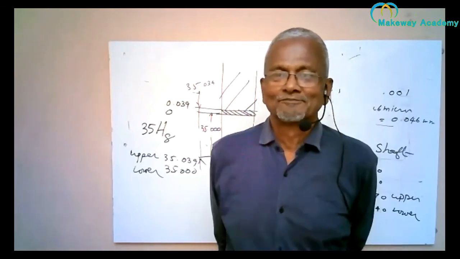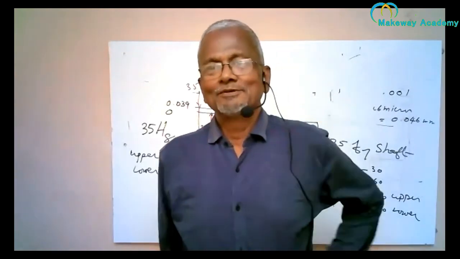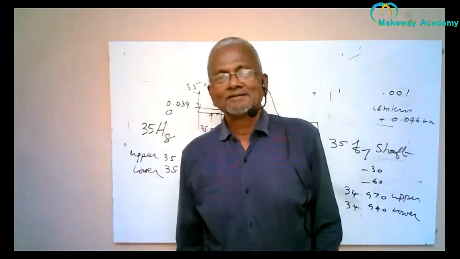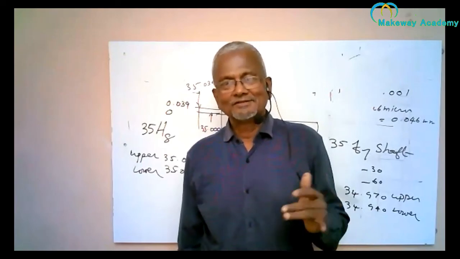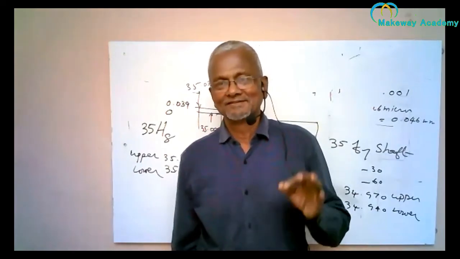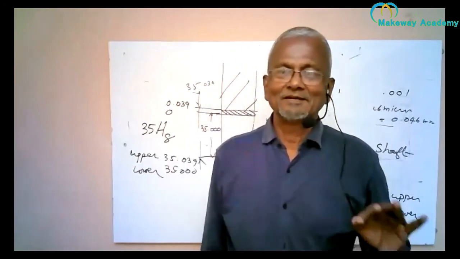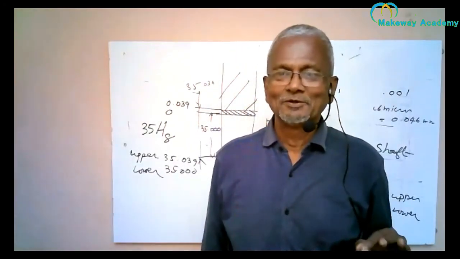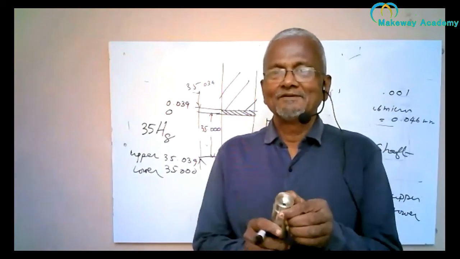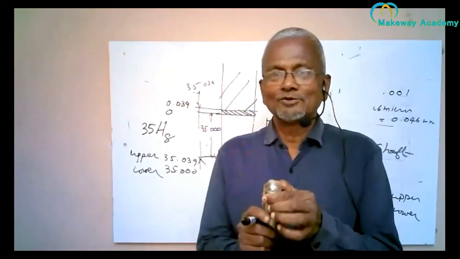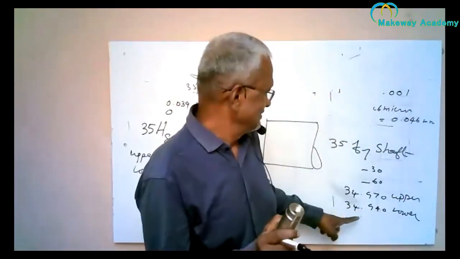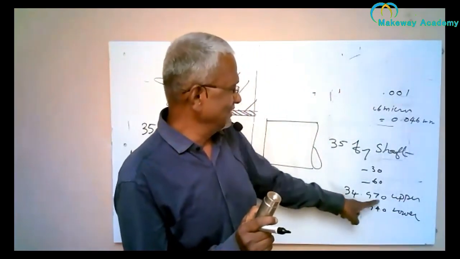Normally, just to help you understand, I am using upper limit and lower limit, but in engineering drawing, in geometrical dimensioning and tolerancing, they use maximum material condition and least material condition, MMC and LMC. What is MMC? Maximum material. When the shaft is made to limits, what is the maximum material possible? That is 34.970.